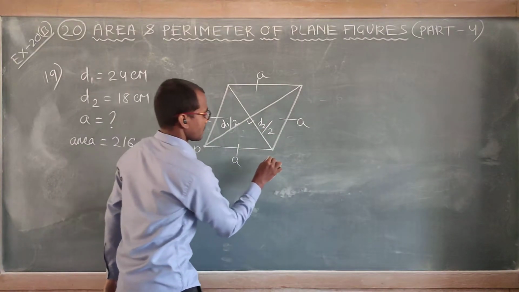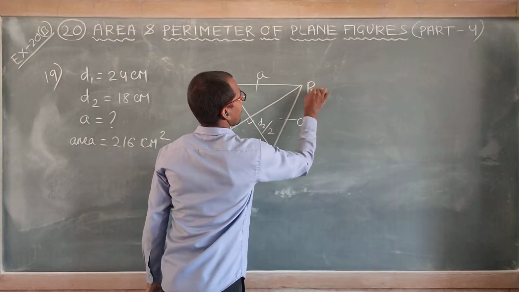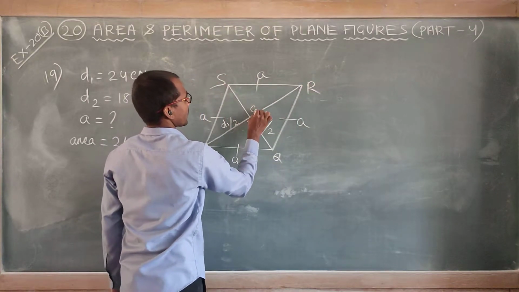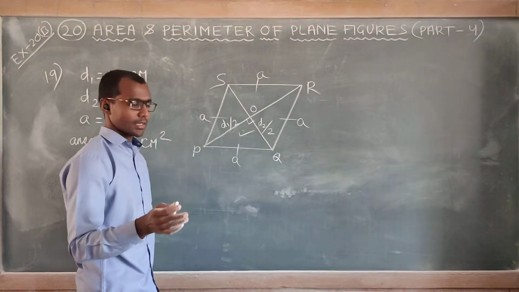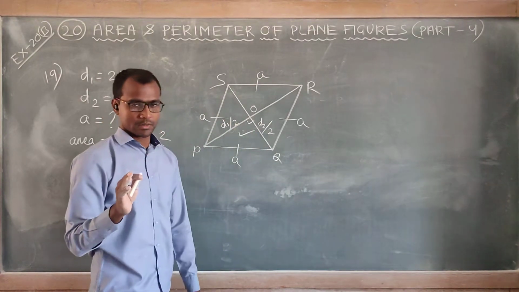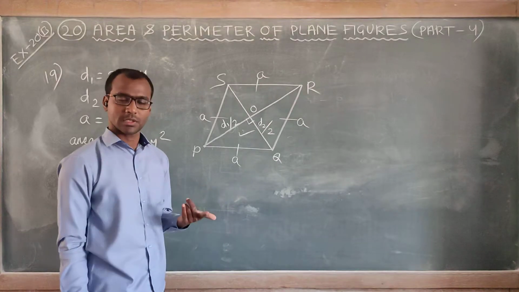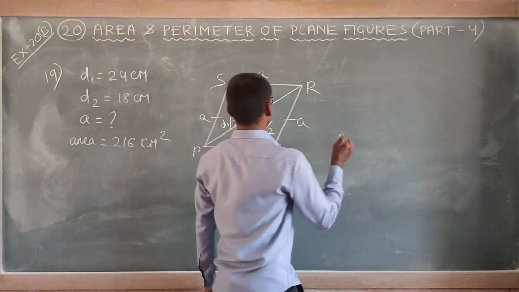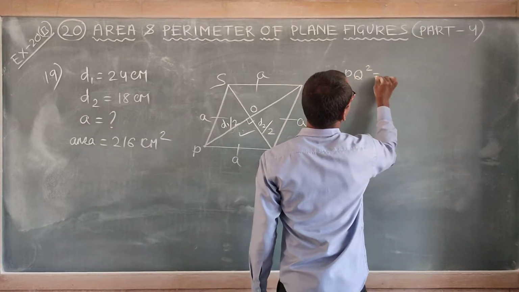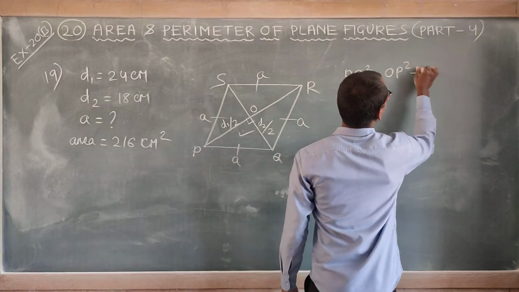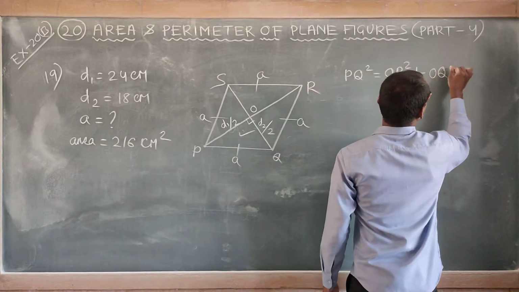Suppose this is P, Q, R, S, and this point is O. You can see triangle POQ is right angled, so we can use the Pythagoras theorem here. PQ square is equal to OP square plus OQ square.